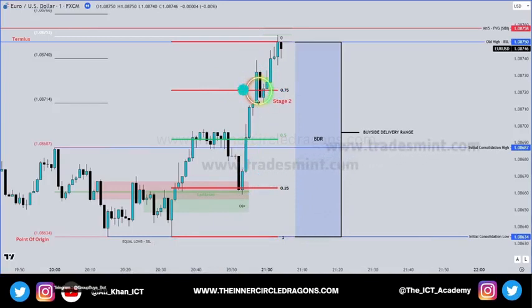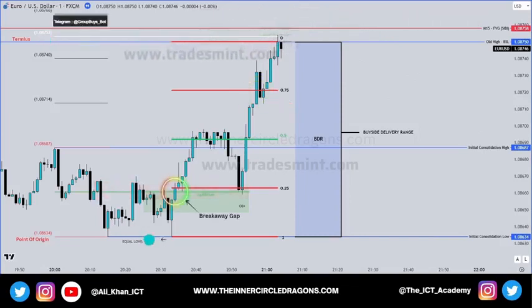Notice the reaction from stage 2 to terminus. We have rebalanced this small buy side imbalance and rallied higher, completing our buy program into our terminus level. Note that when we left the initial consolidation, price never came back to fully close this level. This became our breakaway gap, which also rested around that 25% level.